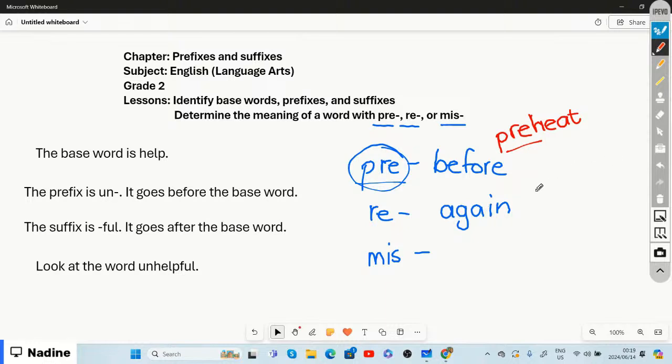All right, so we can even say repaint. And what does it mean to repaint something or to remake something? What does it mean when we say either repaint or remake something?